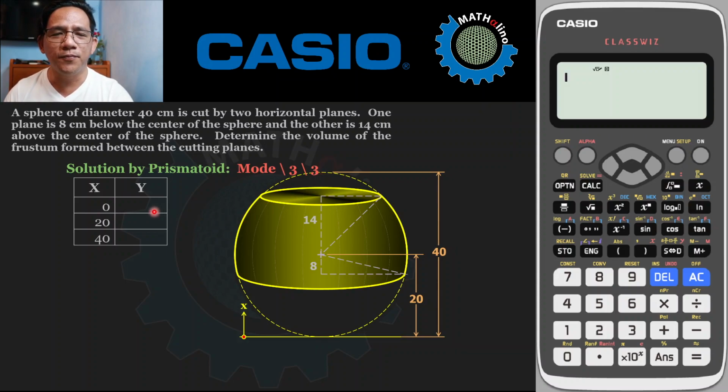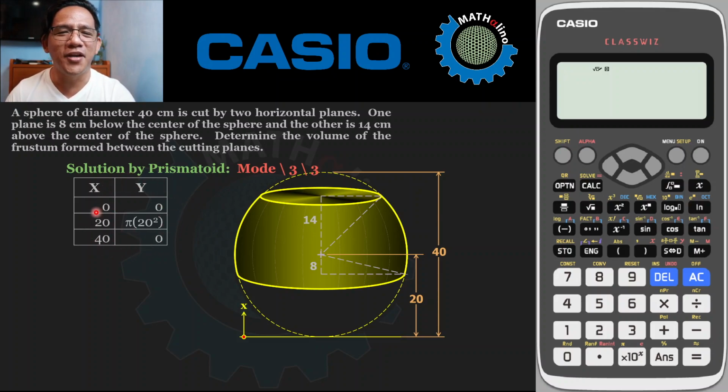We are going to enter the area here. The area here is 0 because that is the bottom point of our sphere. The area at the midsection is the great circle of the sphere, pi r squared, where r is 20. And the area at the topmost part of the sphere is also 0. That is our modeling in the calculator.